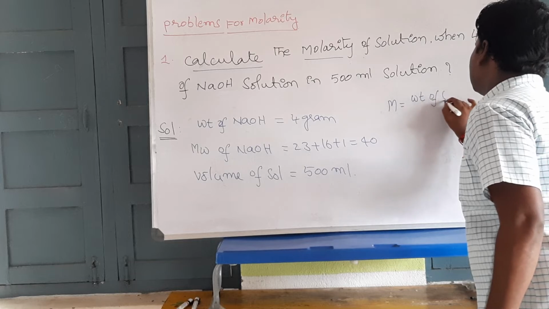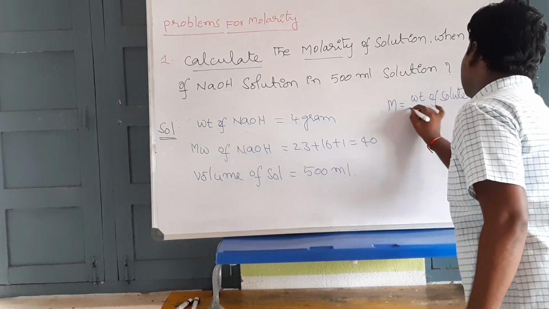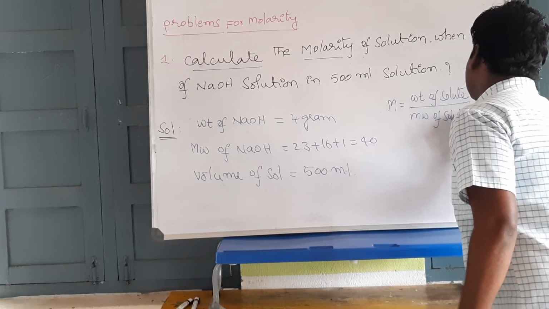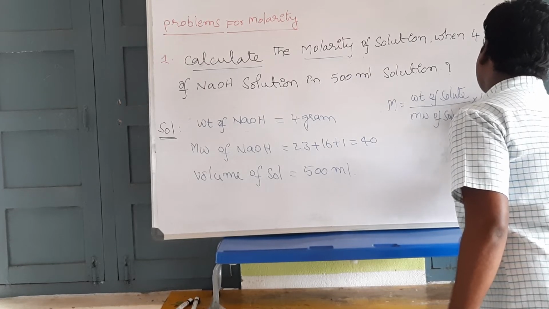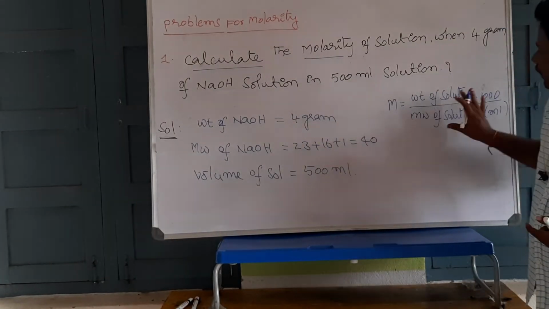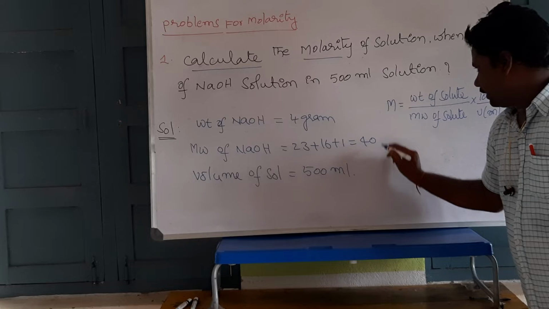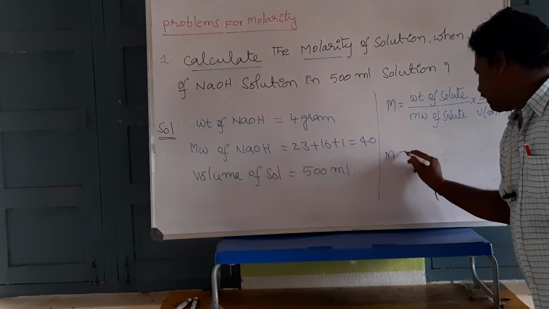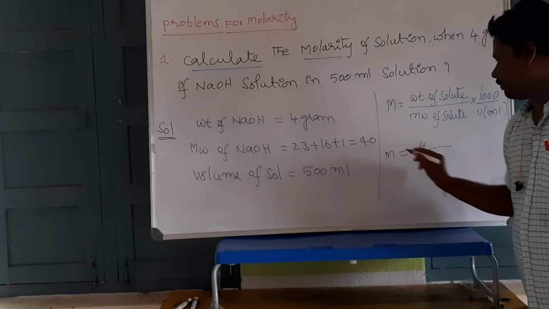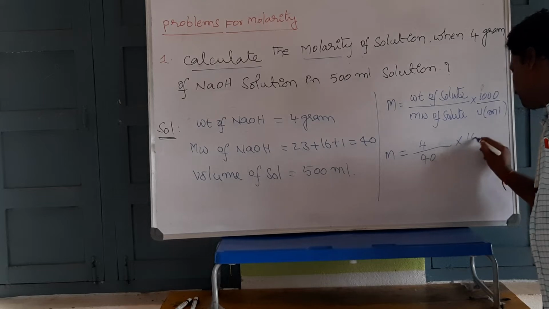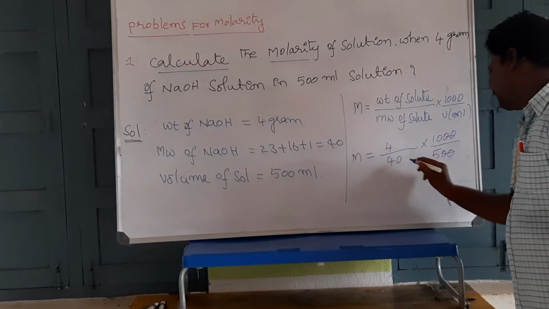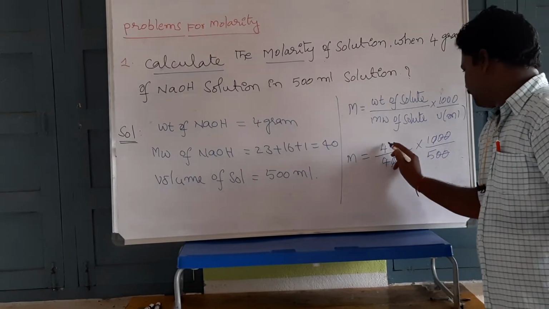Then molarity M is equal to weight of solute divided by molecular weight of solute, into 1000, divided by volume in ml. Substituting all the data in this formula, we can get the answer. M is molarity. Weight of the solute is 4, molecular weight of solute 40, into 1000 by volume of solution 500 ml. 20 cancels, 0 cancels, 4 cancels.